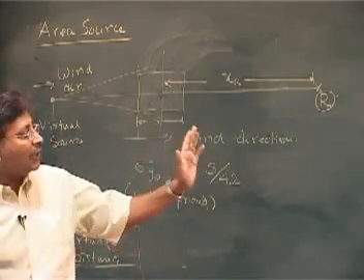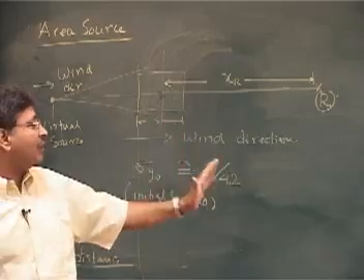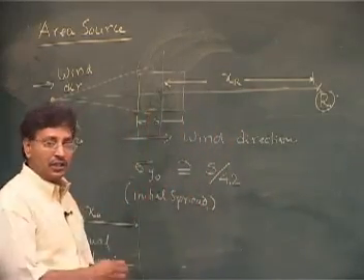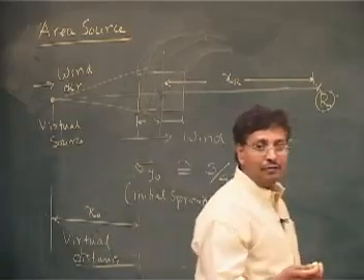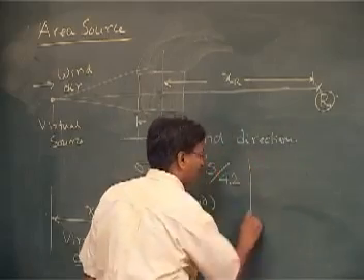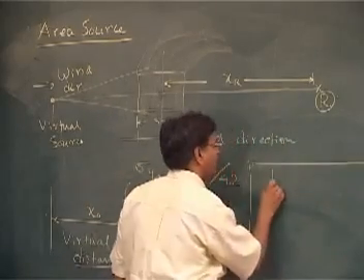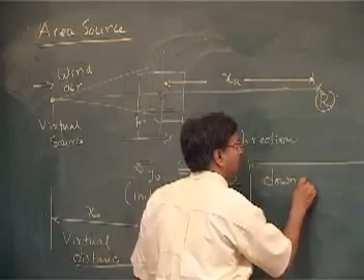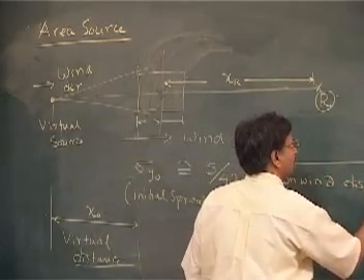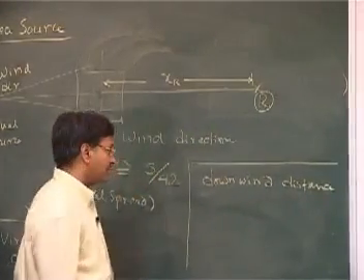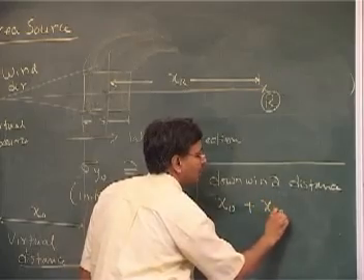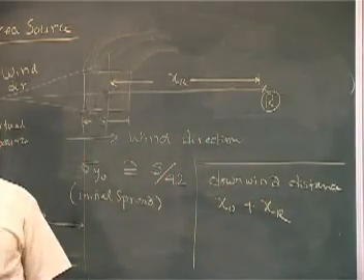Clear? For calculating sigma y and sigma z further down from x0, the downwind distance that I will use in the rest of the formulation will be the virtual distance plus the actual distance.